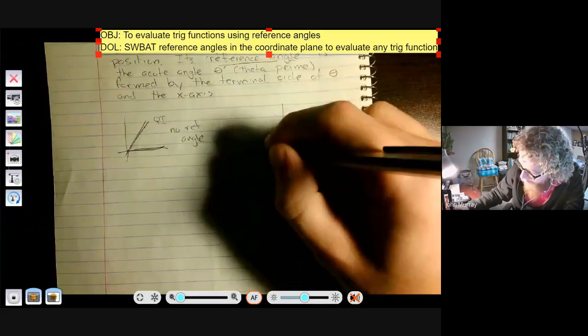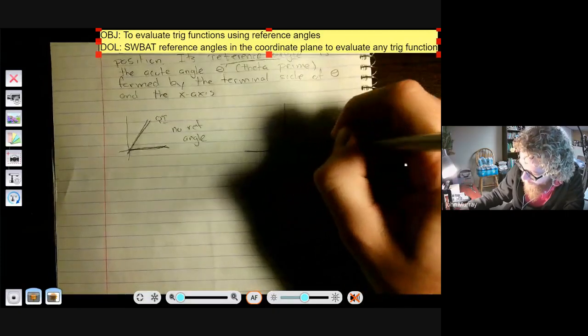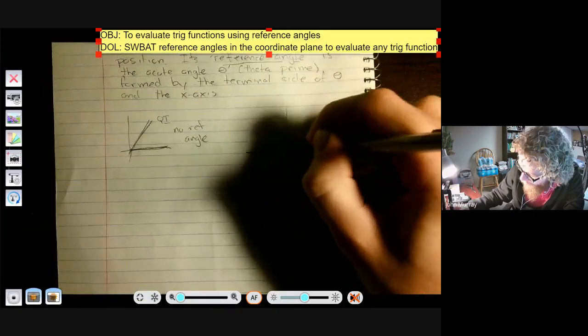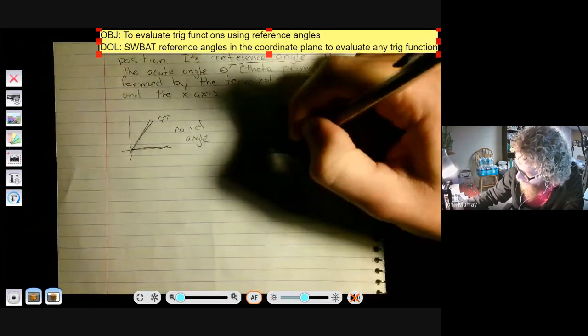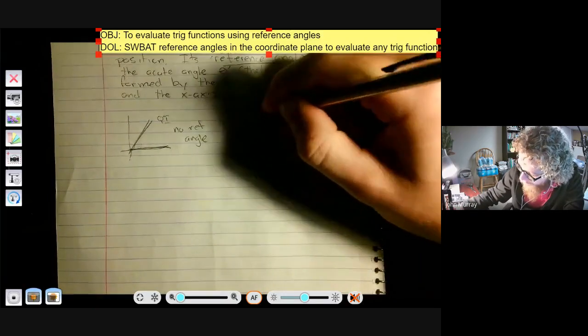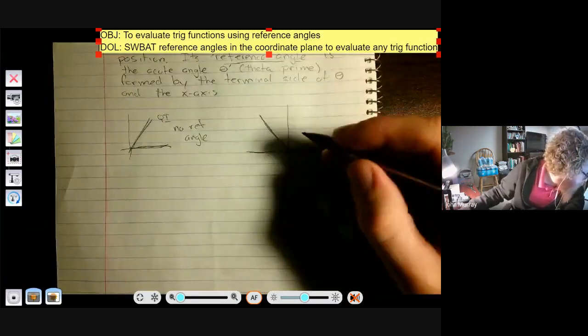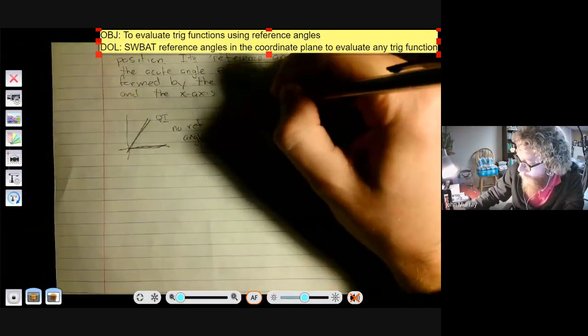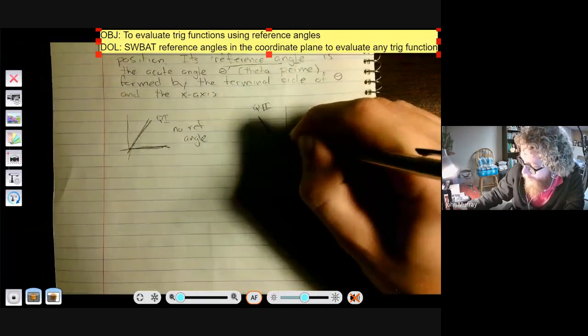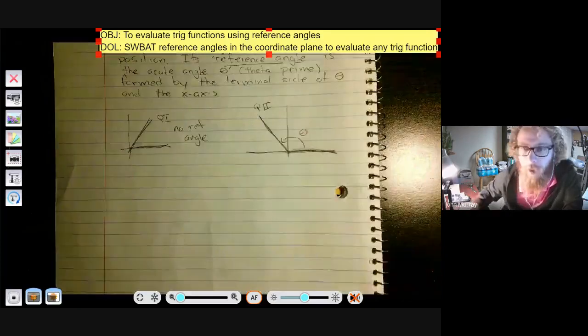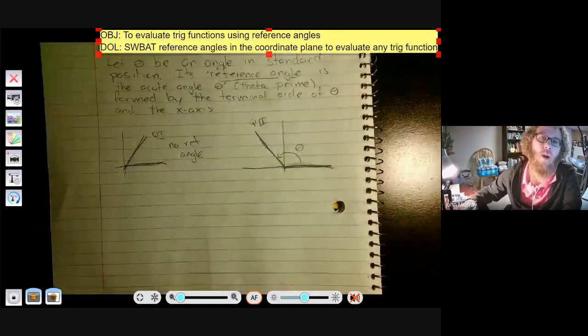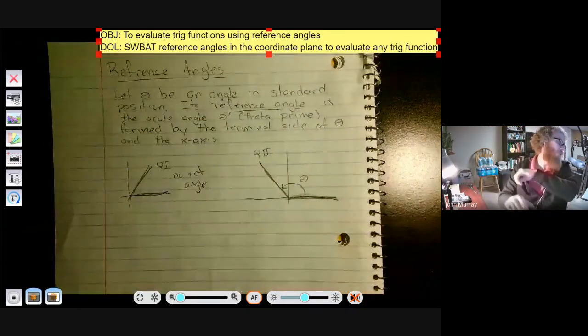If I am in the second quadrant, so there's my initial side, and now I have some terminal side over here, right? And this is our quadrant 2. So here is my original angle, theta.